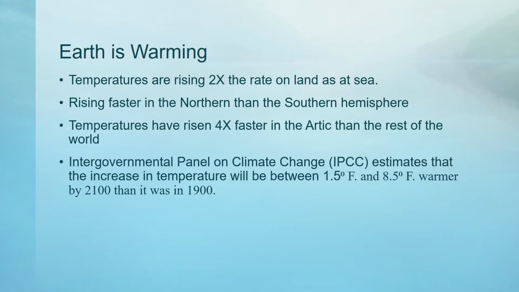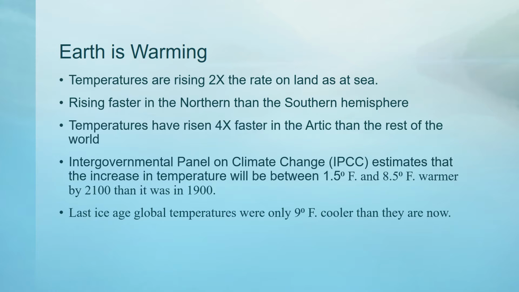There's a question about how 6 degrees can change the world. What happens if the world rises 1 degree, 2 degrees Celsius, 3 degrees, etc.? In the last ice age, global temperatures were only 9 degrees Fahrenheit cooler than they are at present. So it doesn't take a lot of shifting. You say a few degrees here, a few degrees there. It makes all the difference in the world.